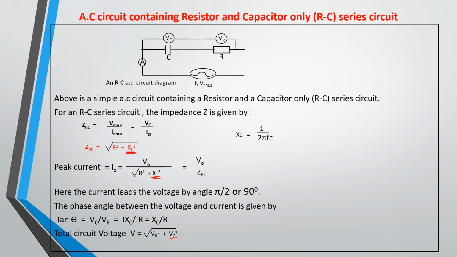Instead of VL you have VC, and where you have XL you have XC. So in this particular case, the equations are almost the same. This is the impedance for this circuit arrangement, and all that we discussed in the LR series arrangement applies here too, so there's no ambiguity or difference.